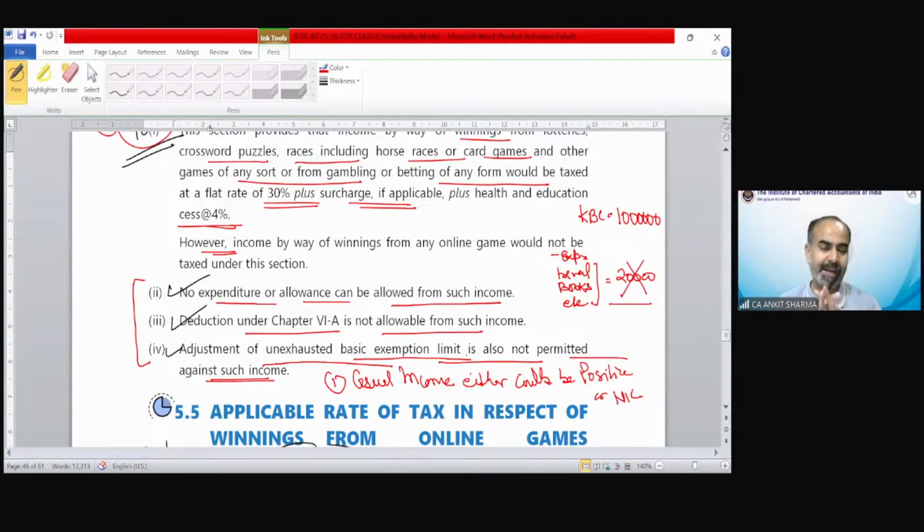If I write a statement that casual income either could be positive, that means there could be only income, or it could be nil only. Is it true or false? Or I can ask you that casual income cannot be negative in any way. So is this statement true or false? That casual income in all cases either could be positive or nil.